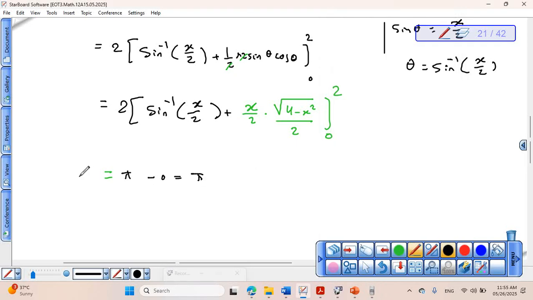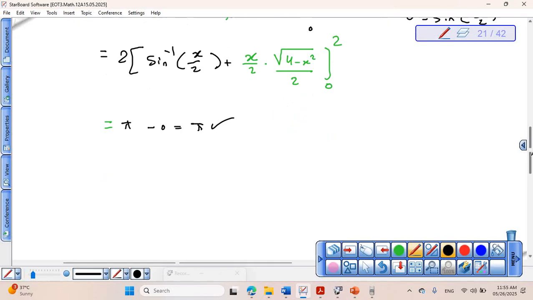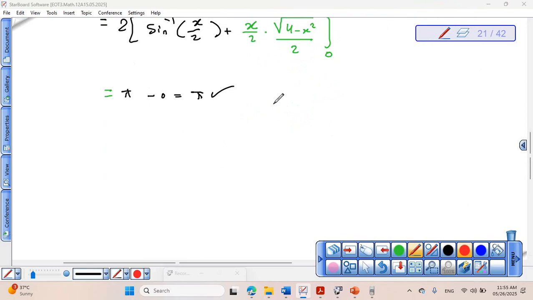This is the answer. If the question comes in the final exam as multiple choice, A, B, C, D, maybe pi over 2, pi over 3, pi over 6, which one is right? The first one. How to know that?